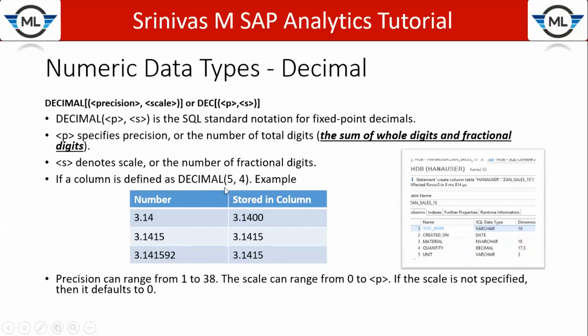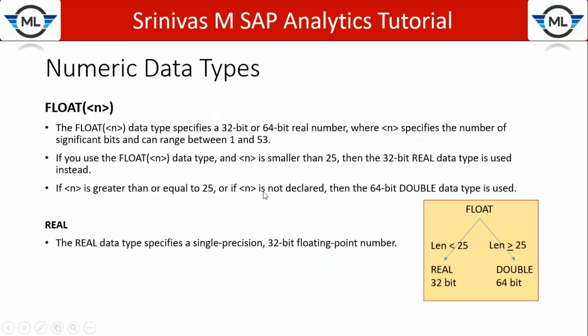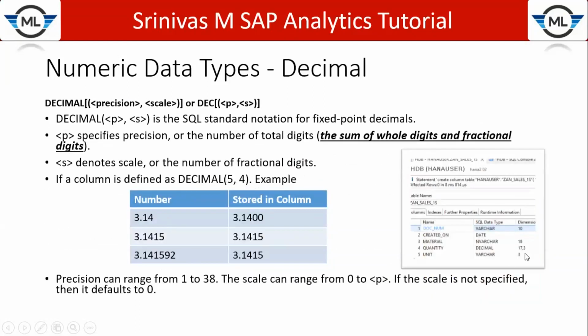And always remember, for example in this screenshot, I have given decimal 17 comma 3. It means the total number of digits I can store in this quantity is max 17. Out of it, 3 places it will take for decimals, and the remaining 14, I can give to the whole number.